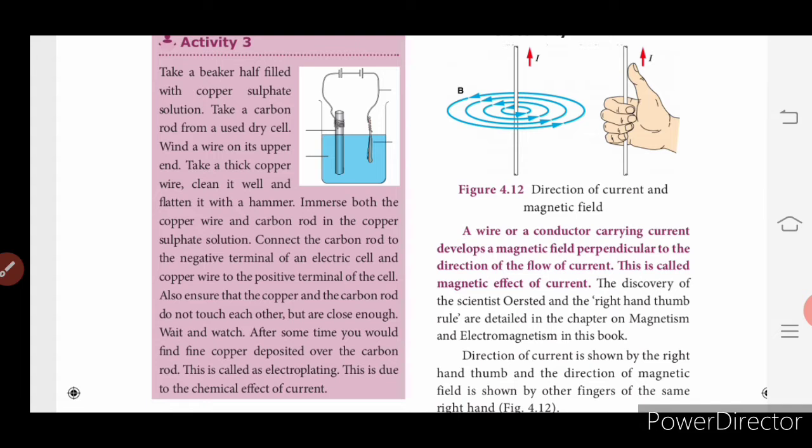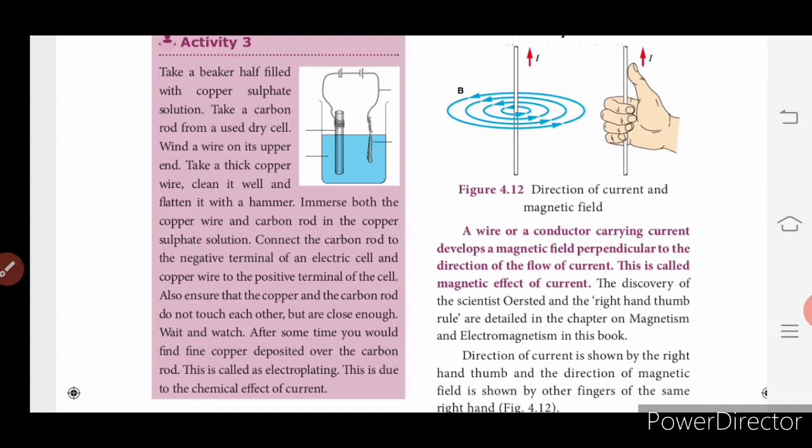Copper sulfate is a salt, and if you dilute it with water, it will give you this blue color solution. You have to take a dry cell, a carbon rod and a wire made of copper. Take a thick copper wire, clean it well and flatten it with a hammer. Immerse both the copper wire and carbon rod in the copper sulfate solution.